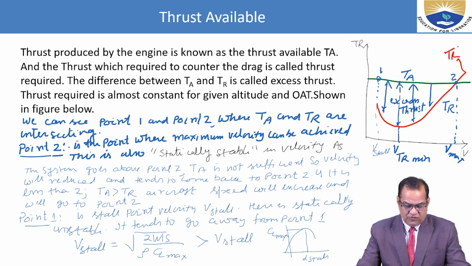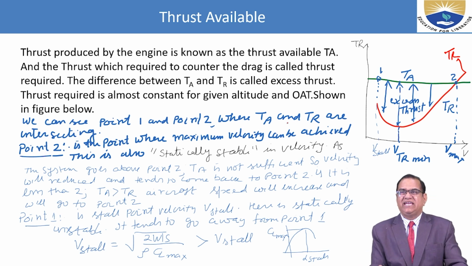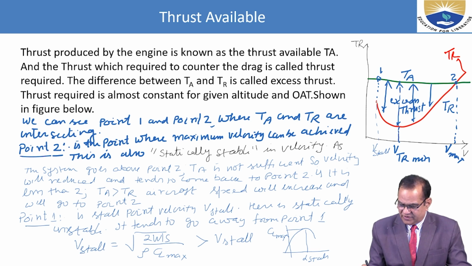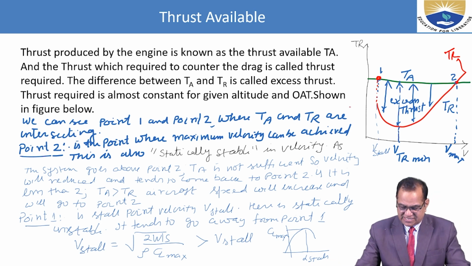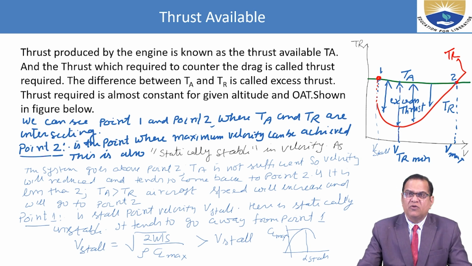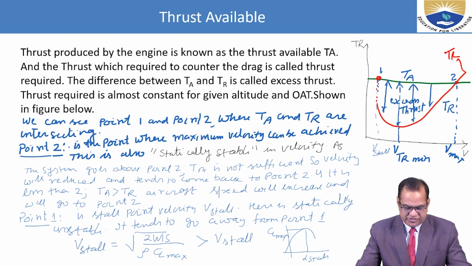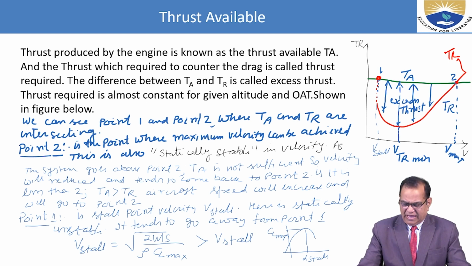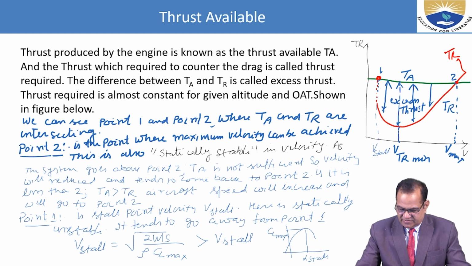The difference between this red line, this is the TR, and this is the TA. So we can see the point 1 and the point 2, where TA and TR are intersecting. If I extend this, it is the point 1 and this is the point 2. First I will discuss point 2, the point where maximum velocity can be achieved. This is also statically stable in velocity.